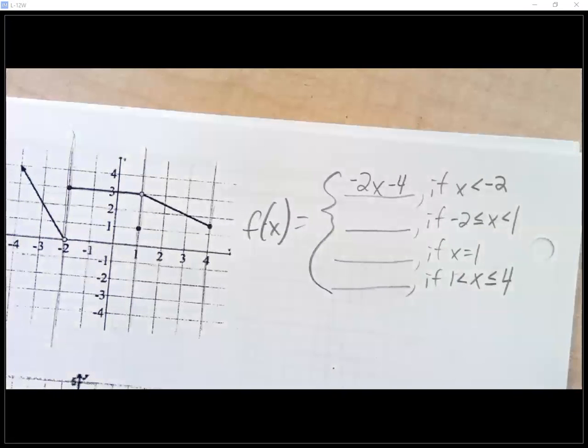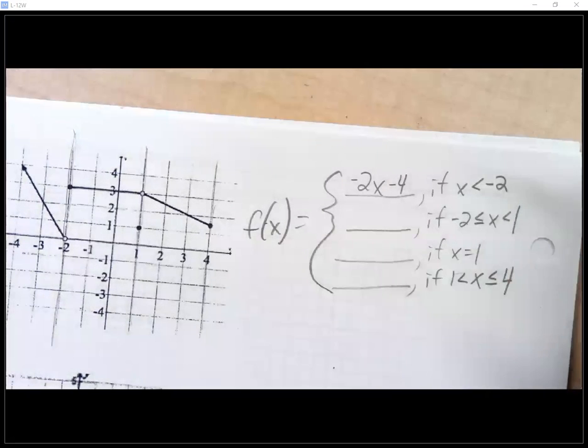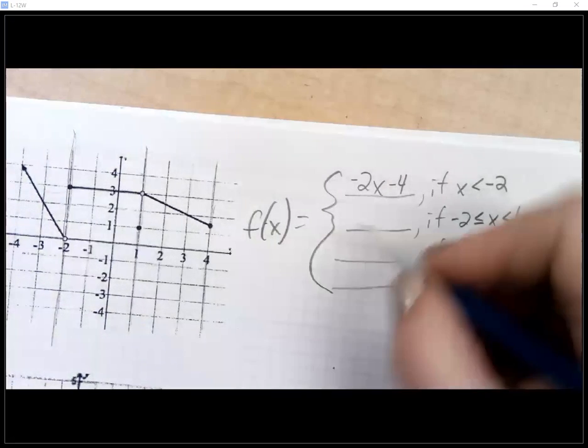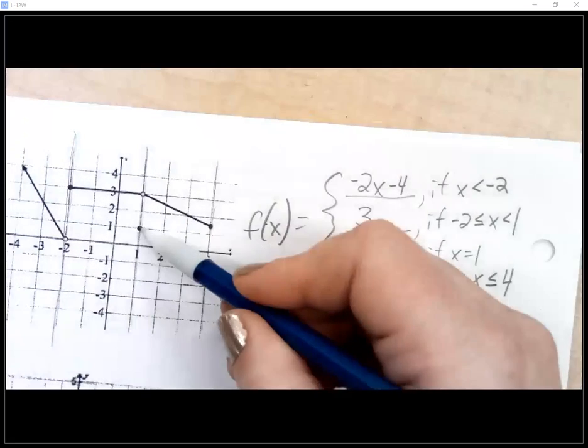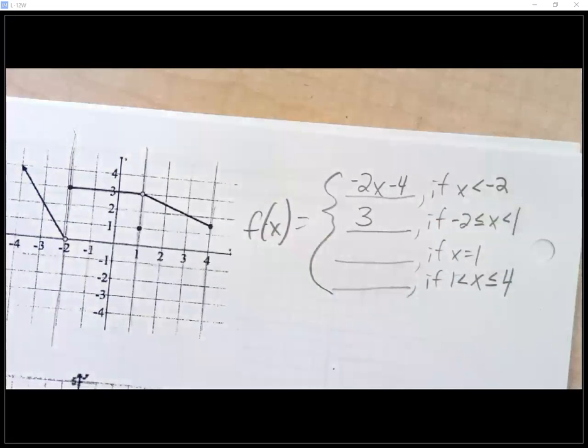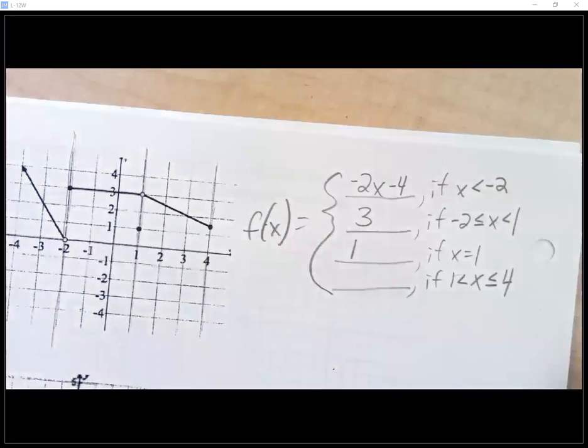This middle flat line, where's that? 3. And this dot, isn't it at 1, right? So I have y equals 1 if x is equal to 1. So I just get this one little dot.